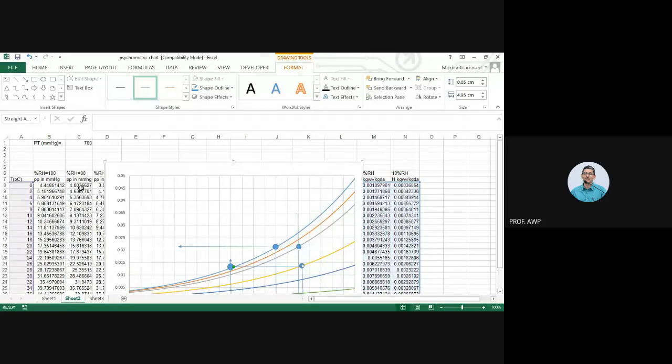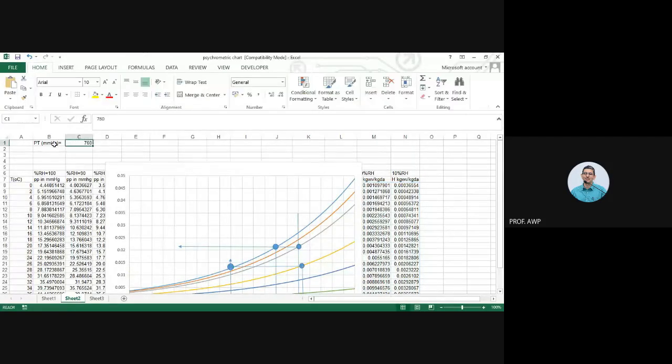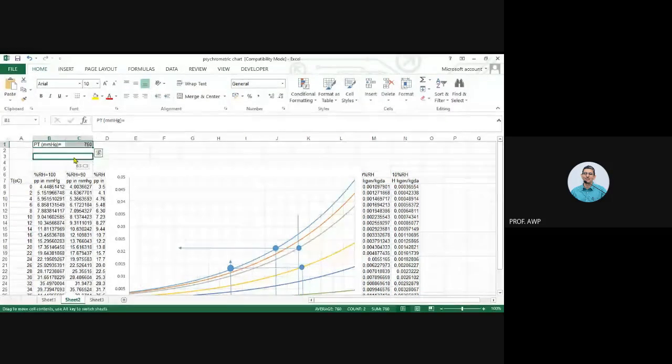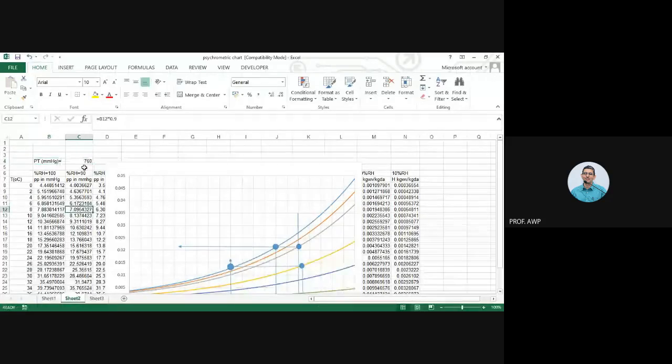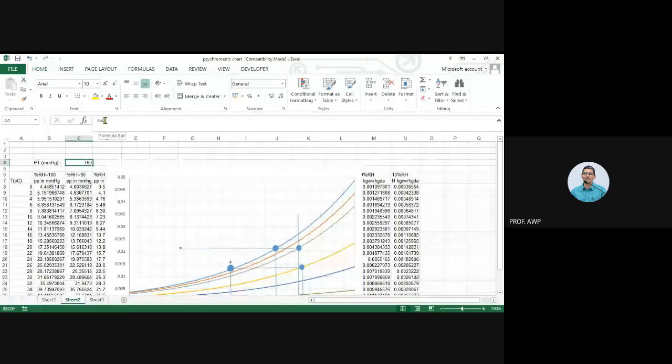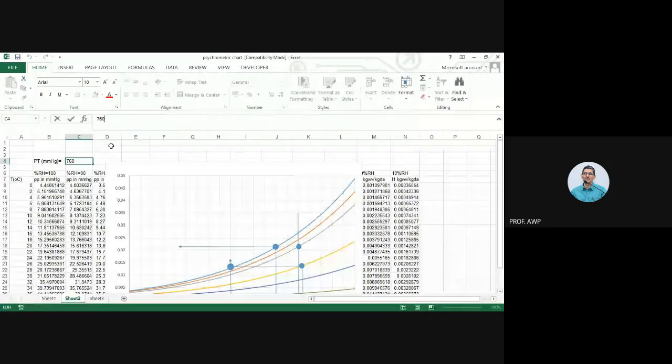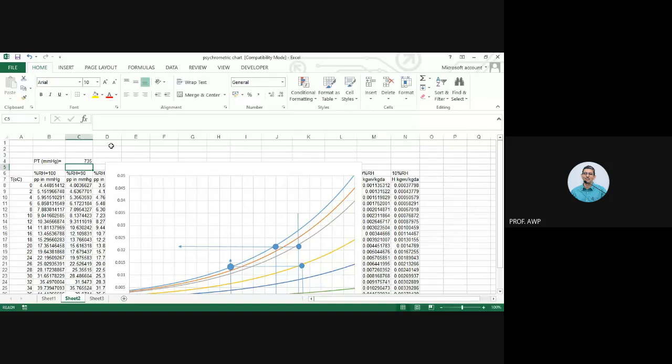The only thing is, now we have plotted this graph corresponding to 760 mm Hg. Suppose I want to plot this graph for 750 mm Hg or 735 mm Hg. All I have to do is change in this cell, and then everything will automatically change. You see that?